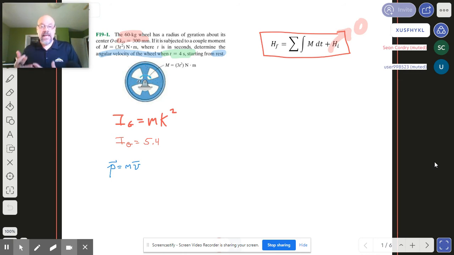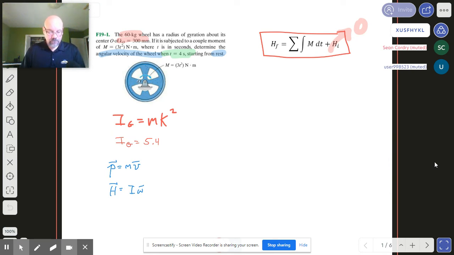Angular momentum is going to be the same thing. We need an inertial term, so moment of inertia, and we need an angular velocity term. So again, we've got an inertial term acting as a scalar onto a vector velocity for us.